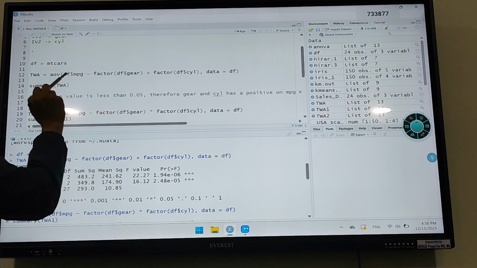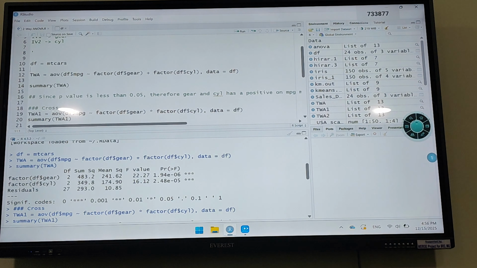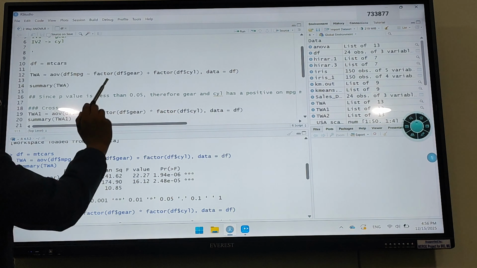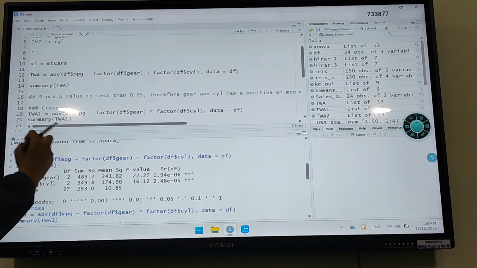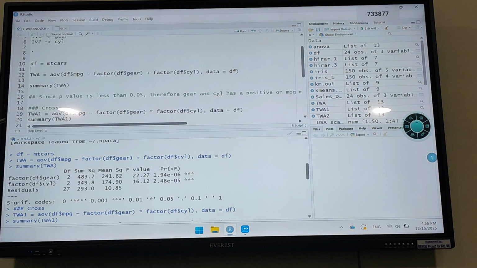Different gears have different mileage, as we already saw in the first example, and different cylinders have different mileage. With p-value significance, we accept the alternative hypothesis that the mean is different across categories. If not, there would be no difference in mean. But we got below 0.05 for both gear and cycle, so the mean is different across categories.